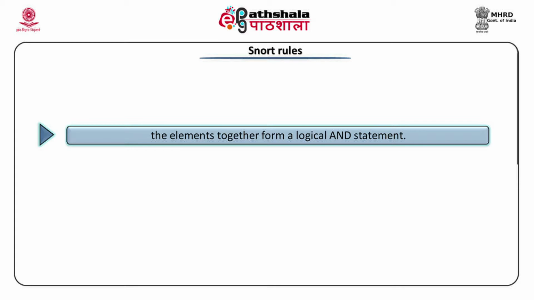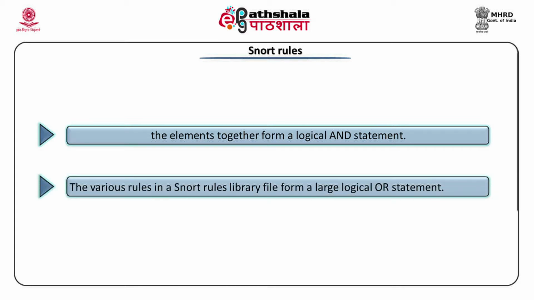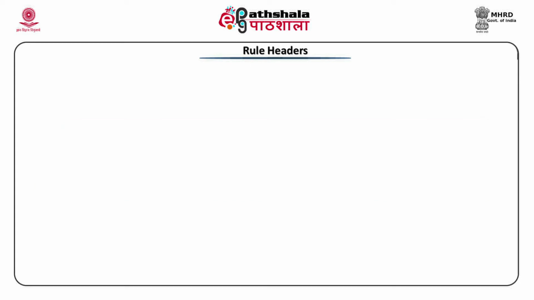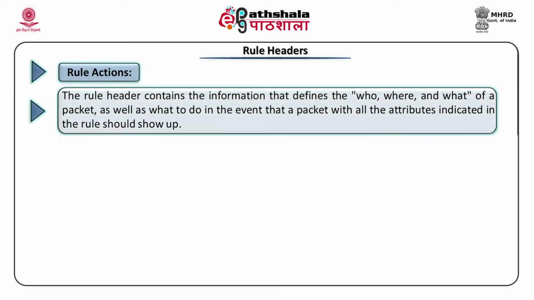The rule options section is not specifically required by any rule. They are just used for the sake of making tighter definitions of packets to collect or alert on. All of the elements that make up a rule must be true to indicate an action. When Snort rules are taken together, meaning in one file you have defined many Snort rules, they are logically ORed, and various rules in a Snort rule library file can be considered to form a large logical OR statement.